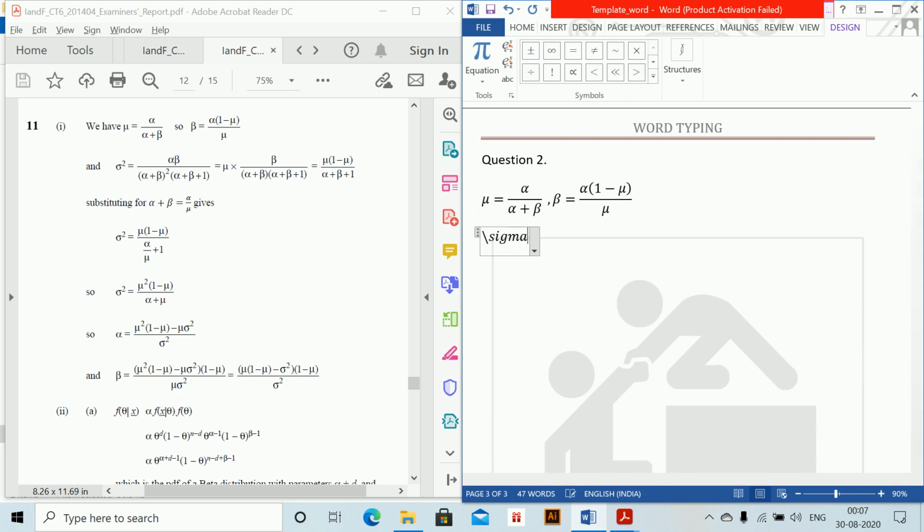And σ² is equal to αβ divided by (α+β)²(α+β+1).